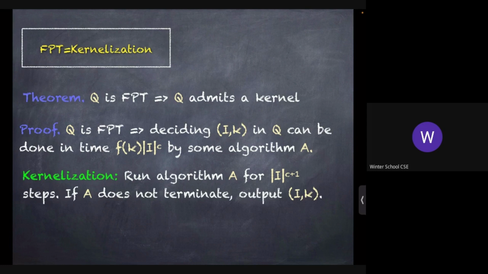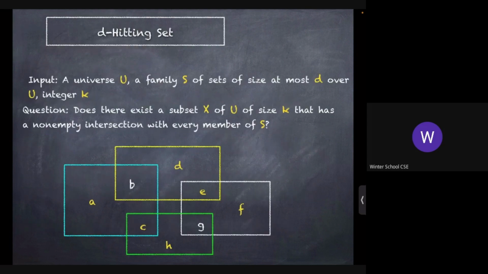Once again, I just follow the definition. If the problem is fixed parameter tractable, then there exists an algorithm A, by definition, right? And I have no idea actually what this algorithm A is.